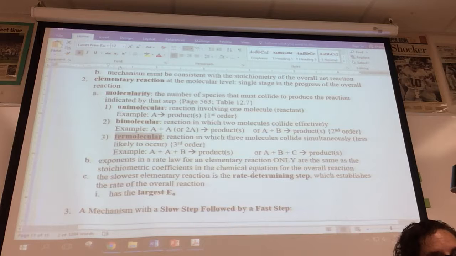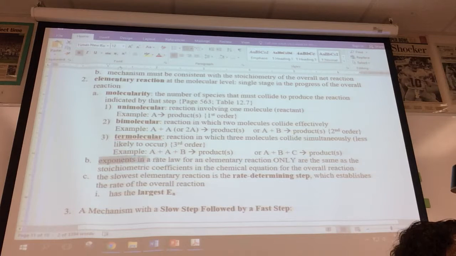Now, here's the key, and be very careful. When we talked about rate laws, we were writing rate laws from experimental data only, not from the coefficients in a balanced chemical reaction. However, you can write rate laws from the slow elementary step in a reaction mechanism.